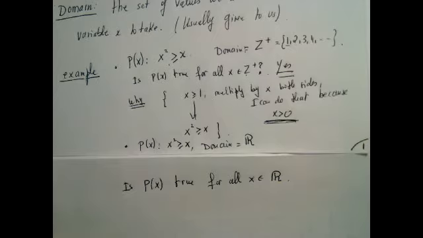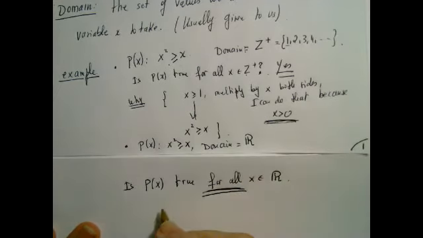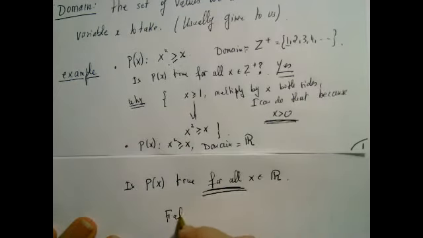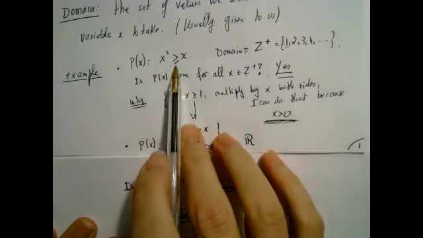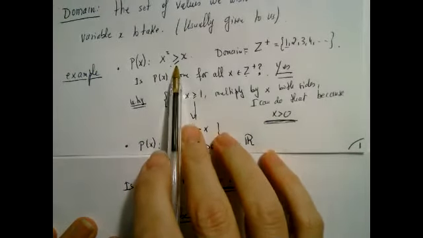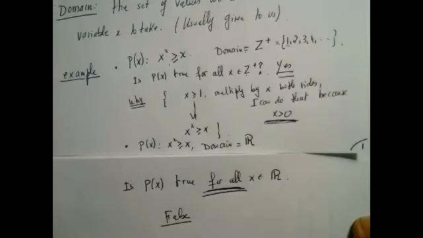What do you understand by that? False. Because 0 exists. 0 is not the right one, because 0 squared is 0, and this equality is absolutely... Oh, equality. Yes. So we can do better than that.